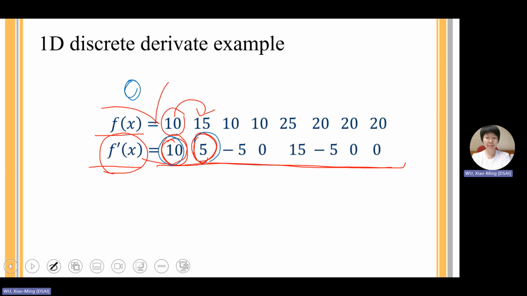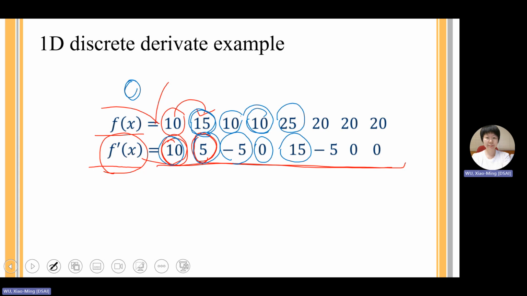And 5 is obtained by subtracting 10 from 15. And -5 is obtained by subtracting 15 from 10. And 0 is obtained by subtracting 10 from 10. Similarly, 15 is obtained by subtracting 10 from 25.